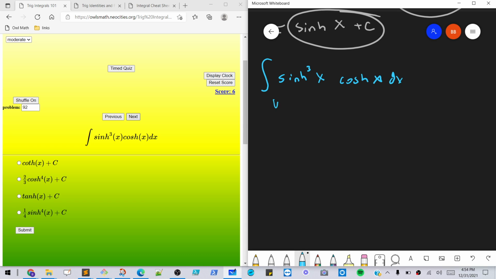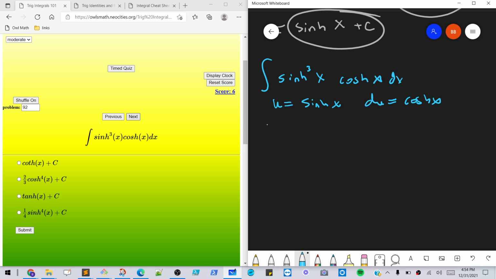Then we'll just do a simple u substitution. u equals sinh of x, du equals cosh of x. So this is basically like what we just did, in reverse. Remember, we went from cosh to sinh, so we're doing the same thing here.